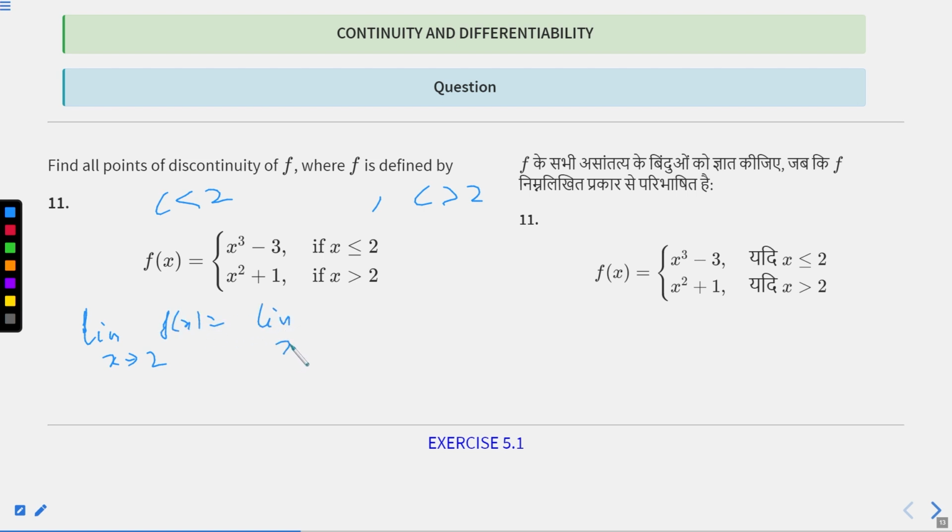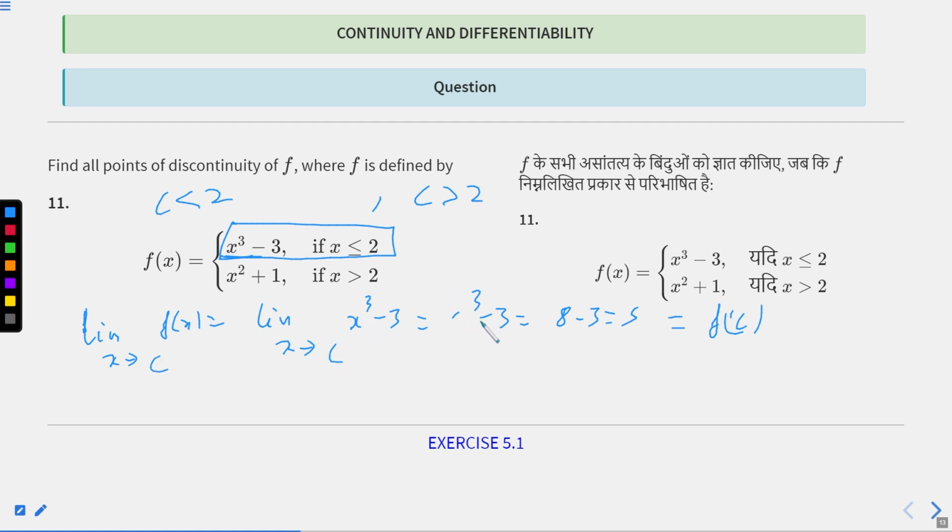If c is less than 2, then I have to choose this, x cube minus 3, which means 2 cube minus 3, 8 minus 3, this means 5. Oh sorry, we are not just talking about 2, we are talking about c.